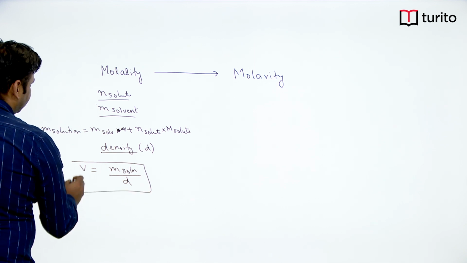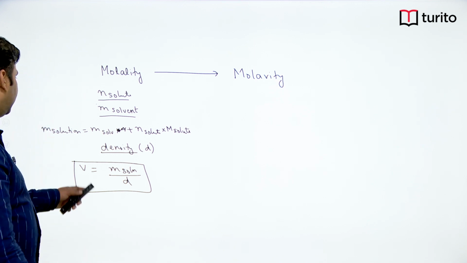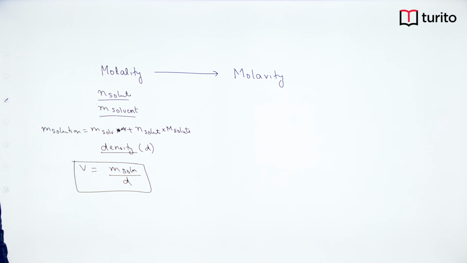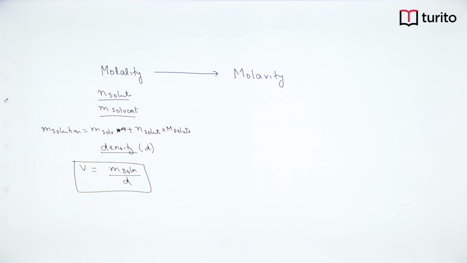Okay, so just check the units. If this volume comes out to be in ml, you have to convert into liters. So we'll get the volume, we know the number of moles of solute, and we'll find the molarity. I hope this is clear to everyone. So this is how you interconvert.